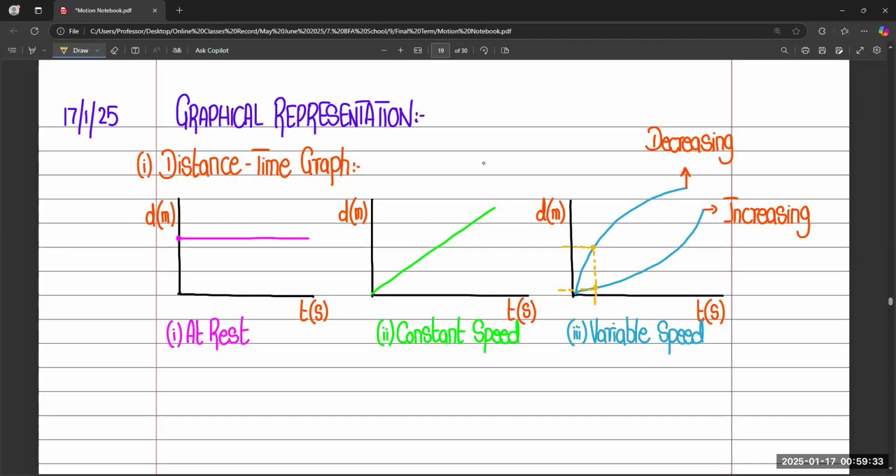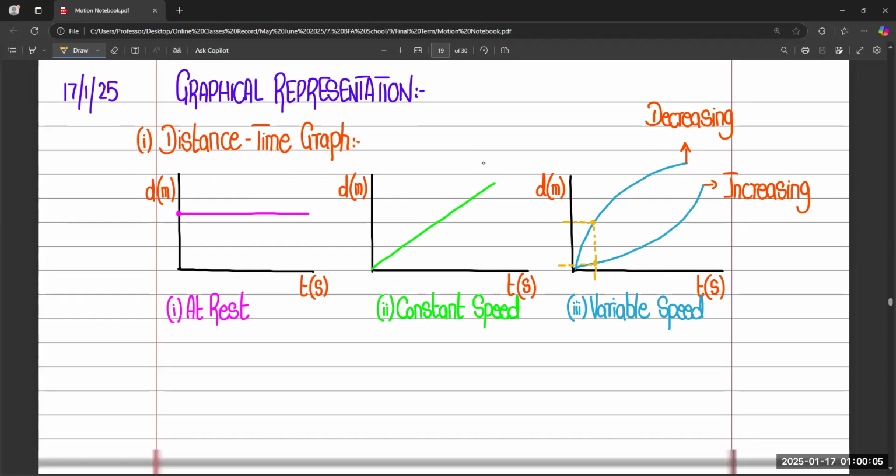That's why the first one is decreasing: initially it is at the peak, but now it starts to bend in a downward direction. And the second, increasing curve is very low at the start, but now it is increasing very quickly. Okay. So this is the difference between increasing and decreasing curves, and these are the representations of the distance time graph.